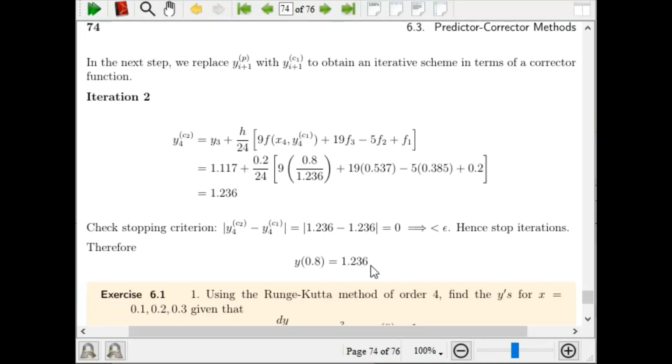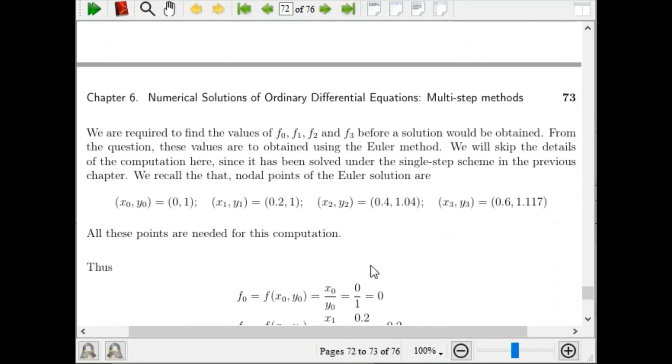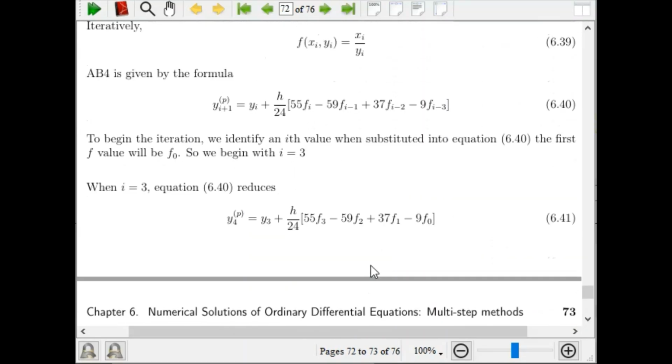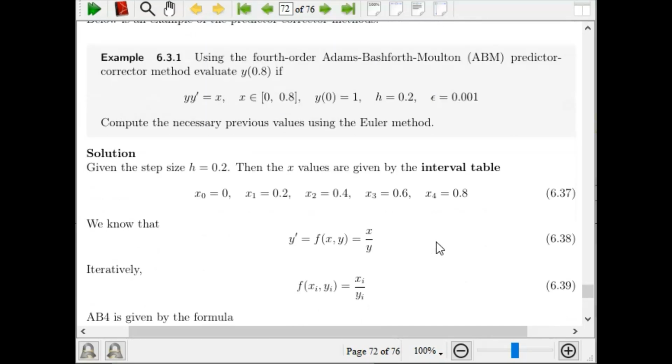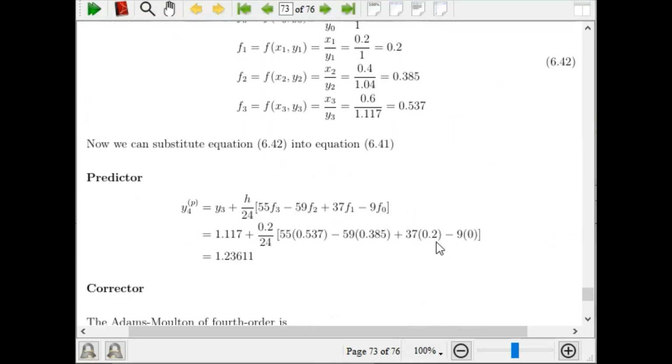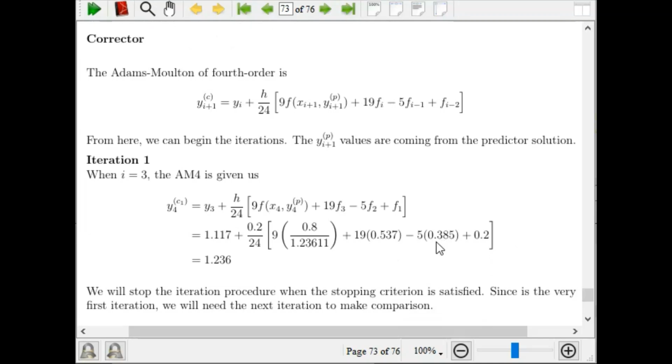We found this using what we call the predictor-corrector method, specifically the Adams-Bashforth-Moulton fourth order scheme, where, because they are multi-step methods, we solve the previous values using the Euler method. So wonderful, so beautiful, so amazing.